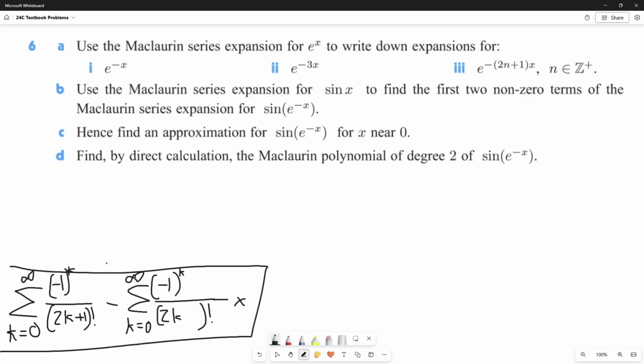And what we can do is just write both of them out, like write the first few terms of each one. So for the first one, let's just write a few terms. So it's going to be negative 1 to the power of 0, so 1 over (2 times 0 plus 1) factorial, so 1. And then minus 1 over 3 factorial, plus 1 over 5 factorial, and then so on.